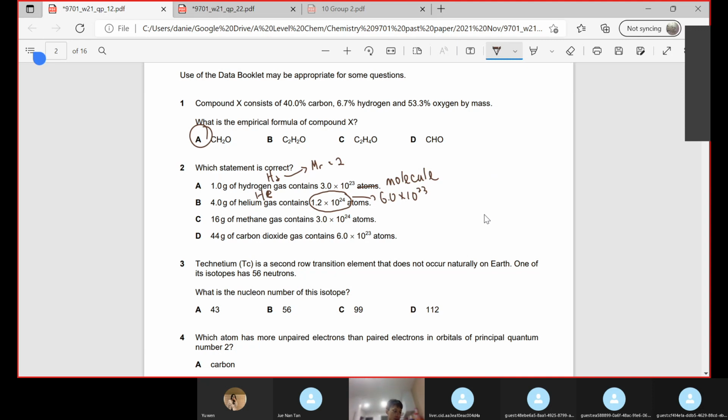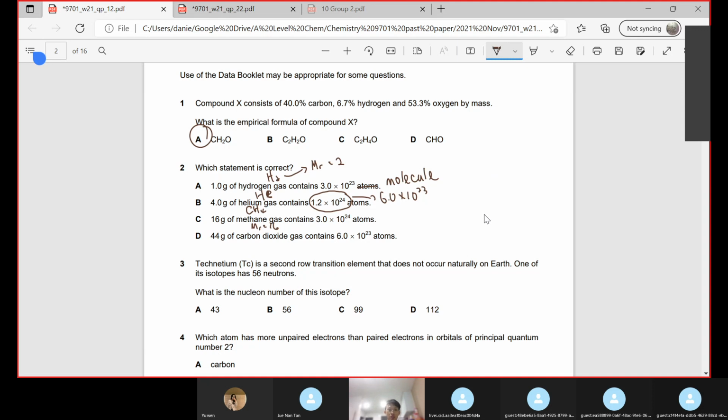C, 16 grams of CH4 methane gas contains 3.0 times 10 to the power of 24 atoms. CH4 has an Mr of 16, so 16 divided by 16 gives 1 mole.